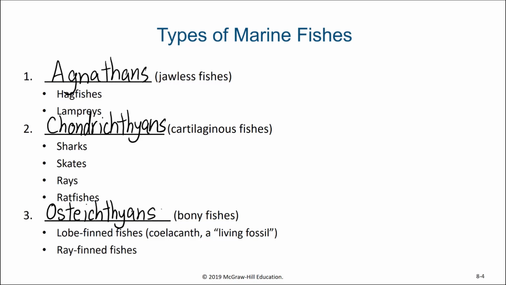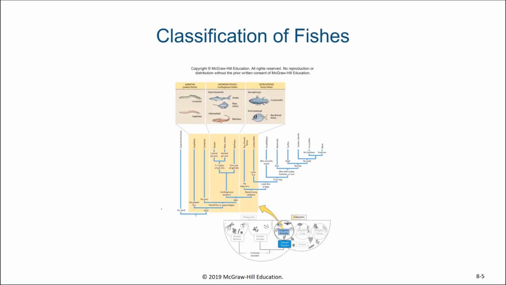And we'll talk a bit more about each of these three groups. Looking at their organization, the fish collectively fall into these areas, and they aren't necessarily a monophyletic group, but we do see that they have shared characteristics.